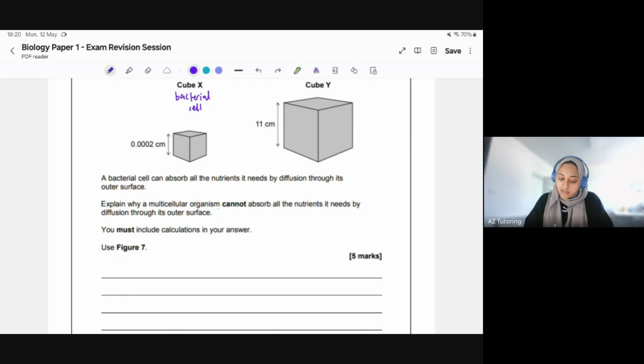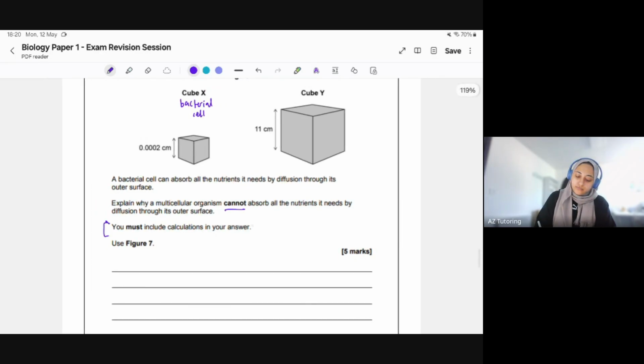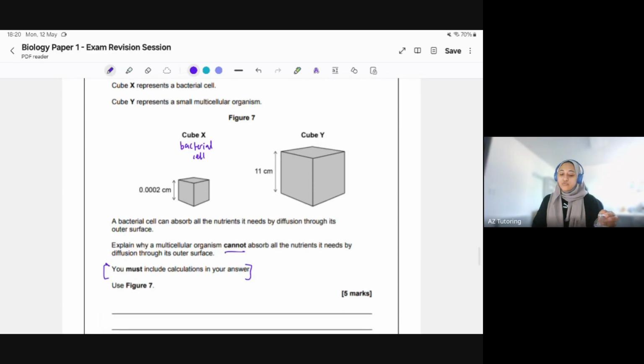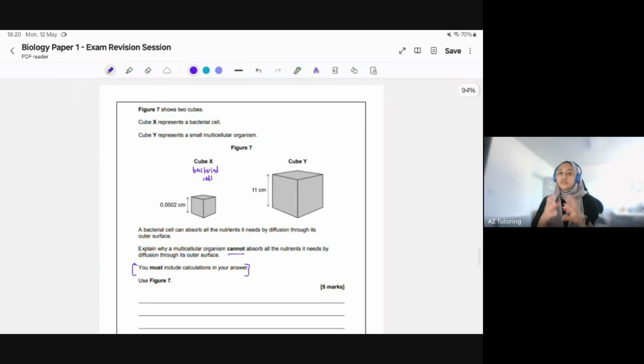Explain why a multicellular organism cannot absorb all the nutrients it needs by diffusion through its outer surface. You must include calculations in your answer. So a big clue they've given you here: we're going to be working out surface area to volume ratio. As soon as you see a 3D shape, they'll only give you a cube, hopefully.